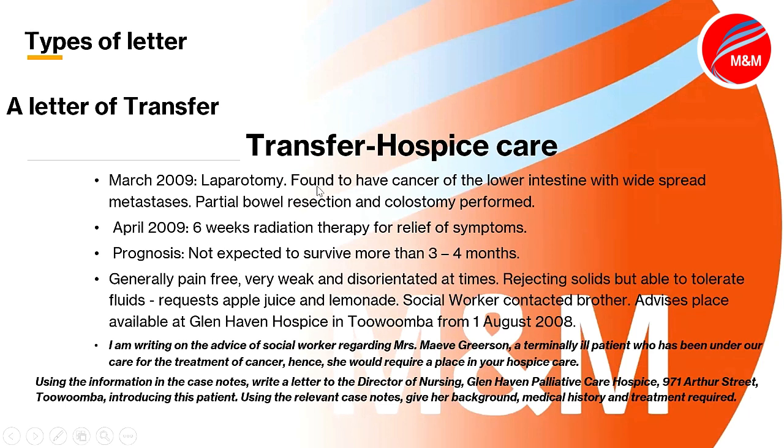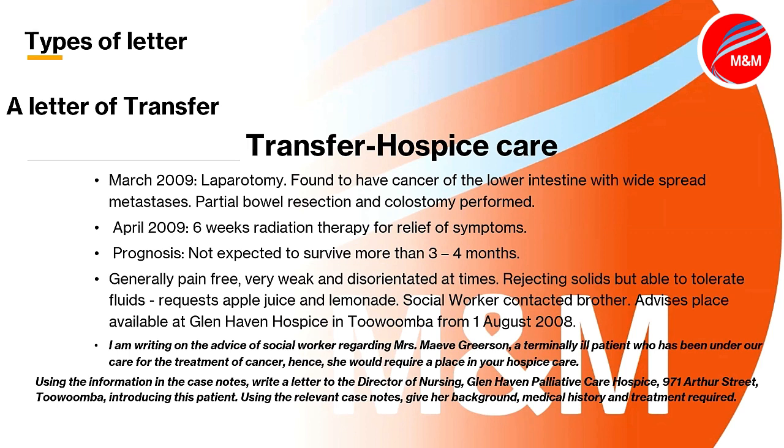Hospice care is a one-way transfer when there is no coming back, right? So in this regard, we have to focus on palliative care, that is the main task, right?